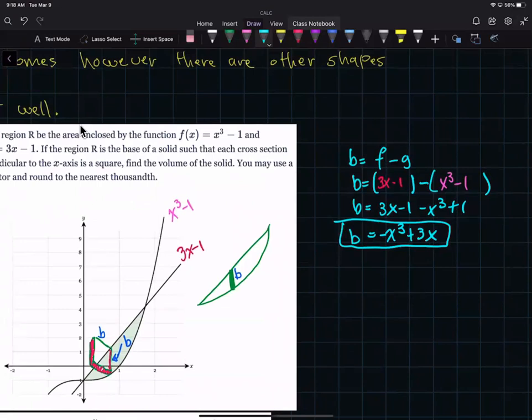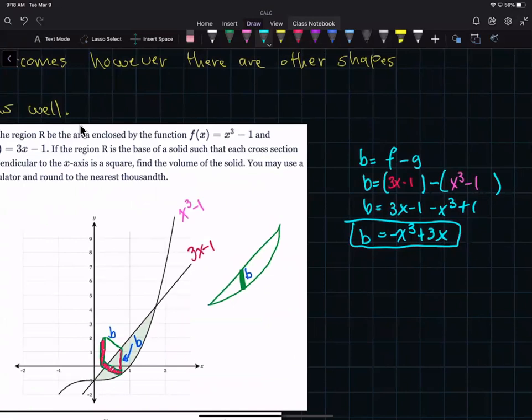That isn't the area of the square. And now when I go ahead and write the area of the square, well, what is the area of the square? Give me the area in terms of B. What is the area of the square in terms of B? It's B squared, right? So now also another thing that I forgot to point out is that this one says perpendicular to the x-axis. So that's going to let you know that your integral is going to be in terms of x, okay?